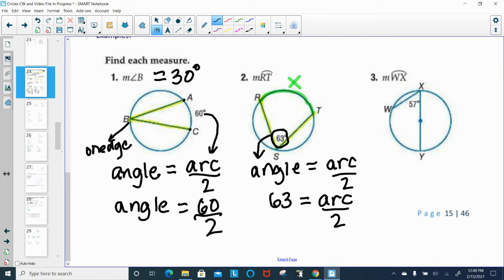A lot of people would take the 63 and divide it by 2, when in reality, when we solve this and we cross multiply, we would be multiplying both sides of the equation by 2. Now, this is where I think it's a good idea to show you what it looks like in the Desmos calculator.